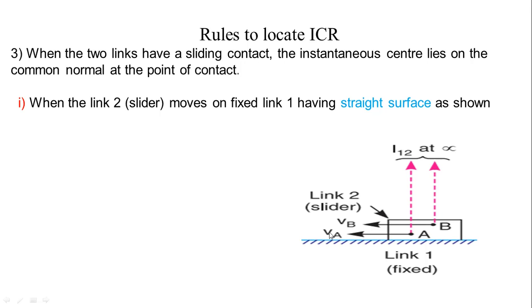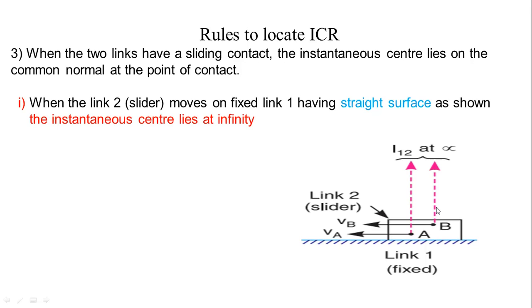Now, if we take two points, A and B, on link number 2, which is a slider moving horizontally, the velocity at point A will be horizontal, and the velocity at point B will also be horizontal. If you draw a perpendicular to the velocity at point A and at point B, these two perpendicular lines are never going to intersect each other.